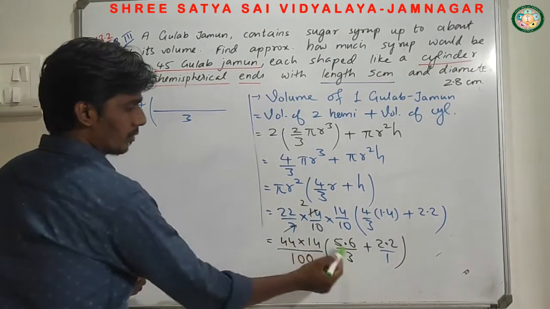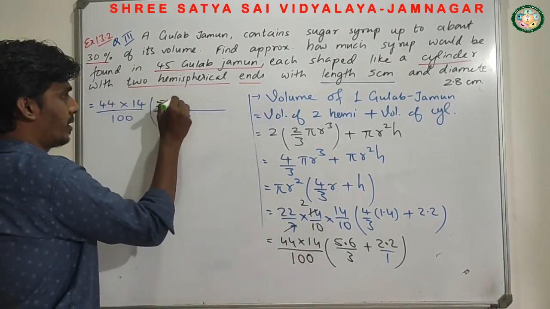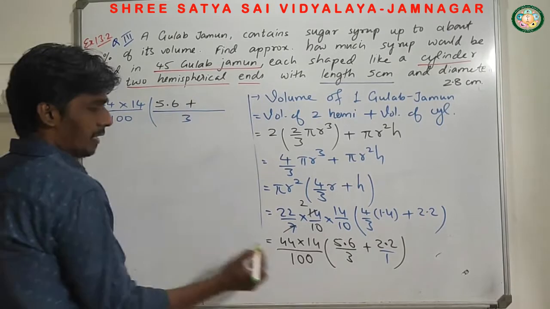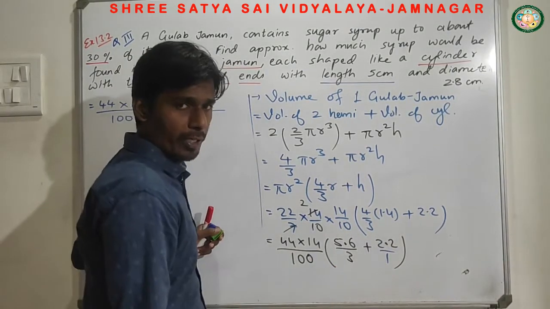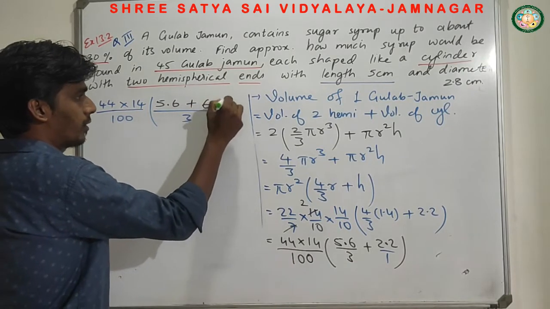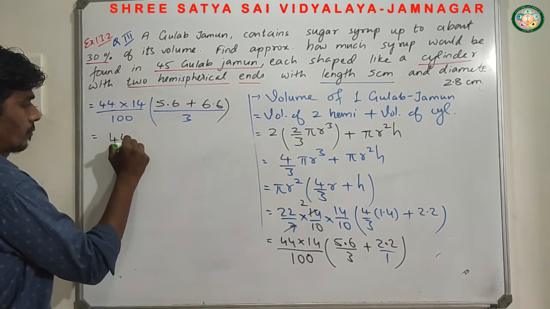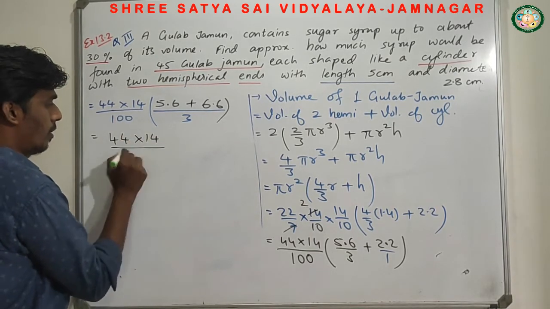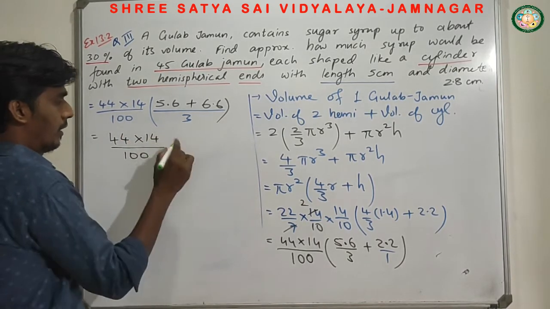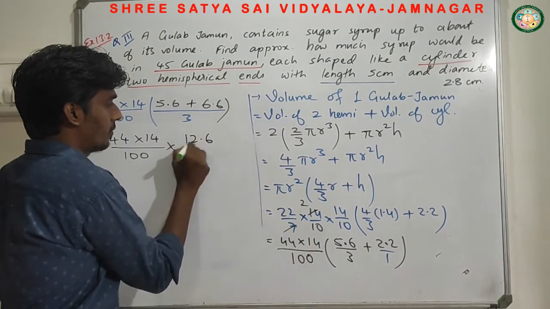Here already 3 is there, so 5.6 as it is, plus this 3 will multiply with 2.2 because 3 is the LCM. So this becomes 6.6. So 44 into 14 upon 100. This will be how much? 5.6 plus 6.6.